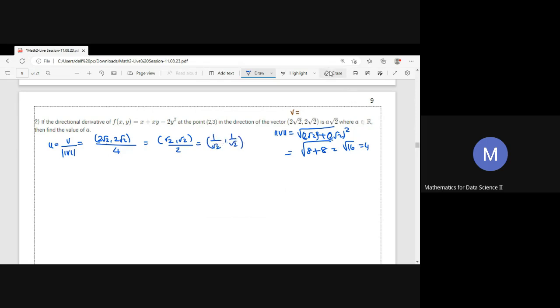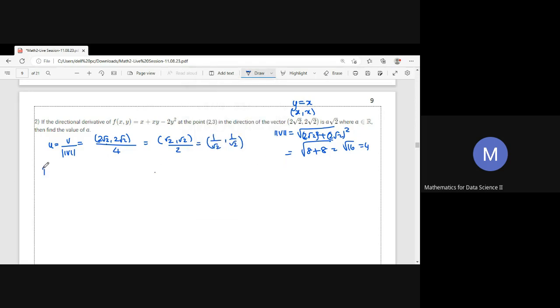If you observe, this is of the form x comma x. We know the unit vector along y is equal to x is 1 by root 2 comma 1 by root 2. So you can straight away write this vector without this computation also. Right? Okay.